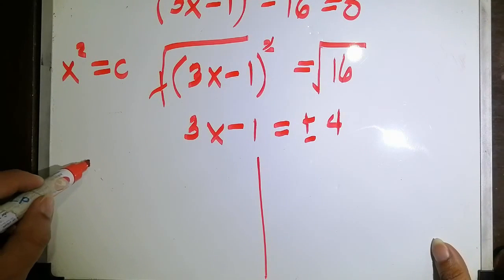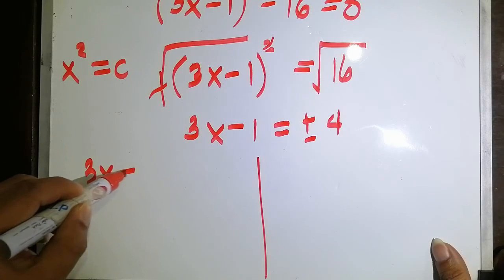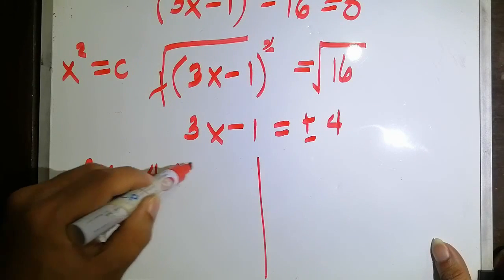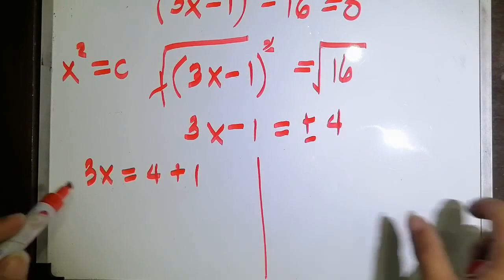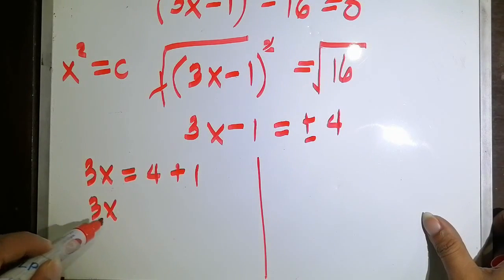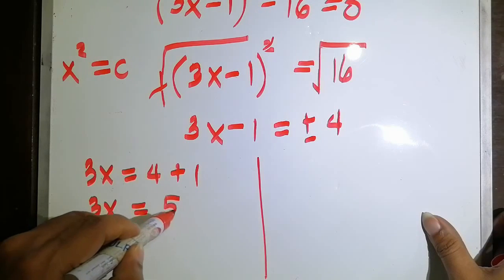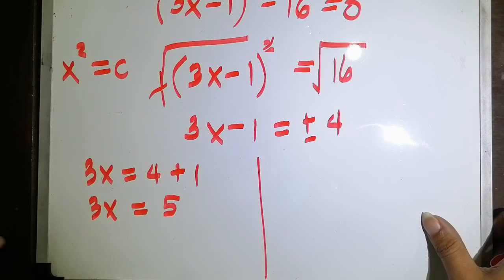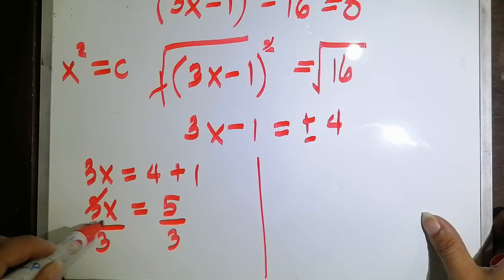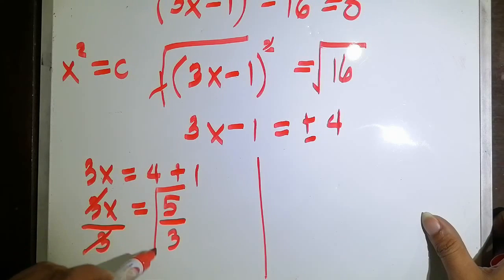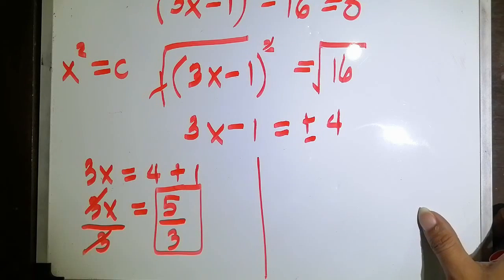So, we have 3x equals 4 plus 1. Yung 1 nilipat natin, negative 1 and plus. So, 3x equals 5. So, para matanggal yung 3, divide natin ng 3 both sides. So, x is 5 over 3.